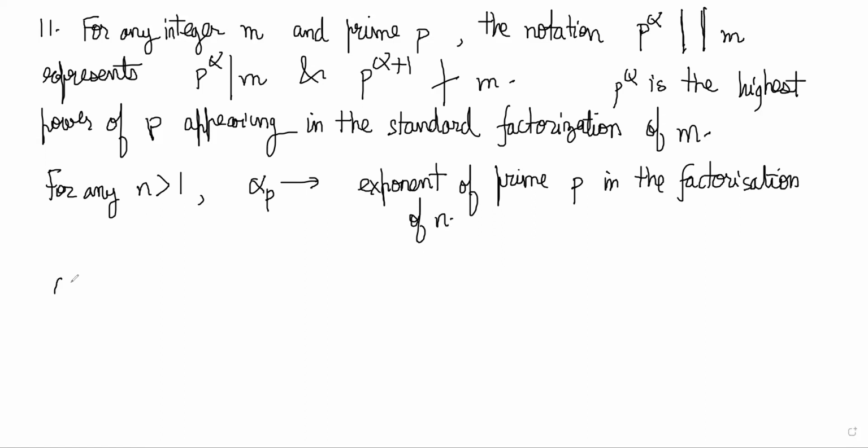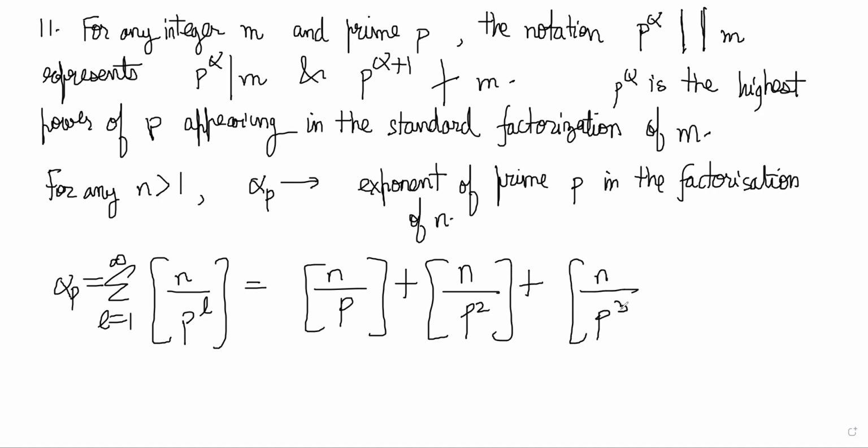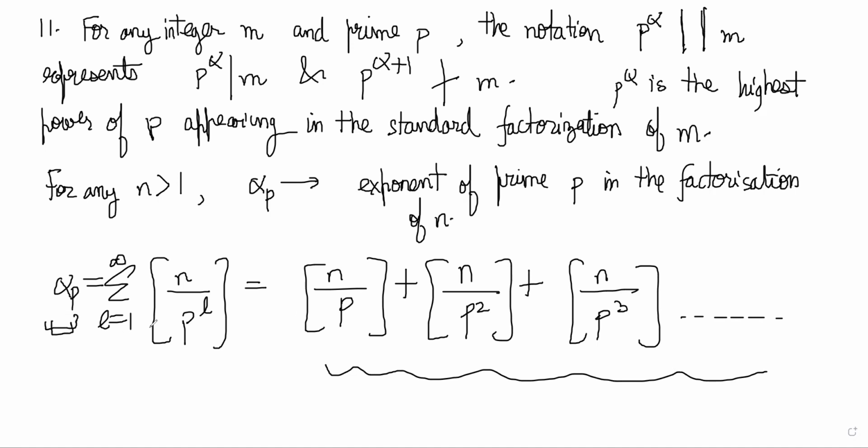So the way we do it is alpha p is equal to the summation, l goes from 1 to infinity, of the floor of n by p power l. So what does this mean? This means for l is equal to 1, it is floor of n by p, then it is floor of n by p square, and so on till n by p cube, and so on. Eventually this series will terminate, and therefore you will have the highest power alpha p of prime number p that appears in n, right?